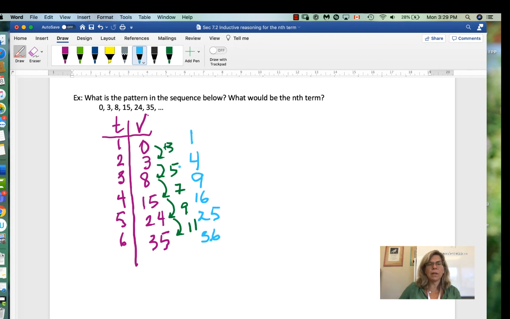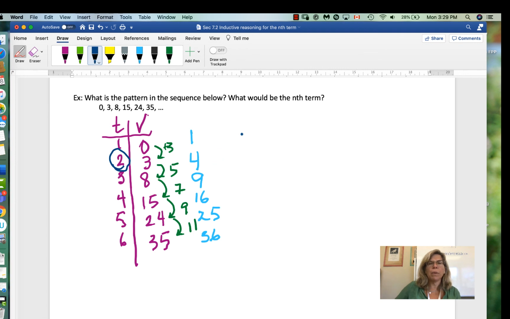So we can make an inference that this is something to do with n squared, with the term squared. Because in each case, the term squared gives you a number, and if you subtract 1 from that number, then you get the value.